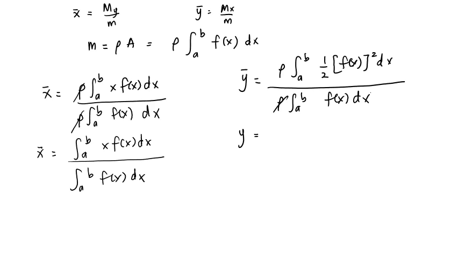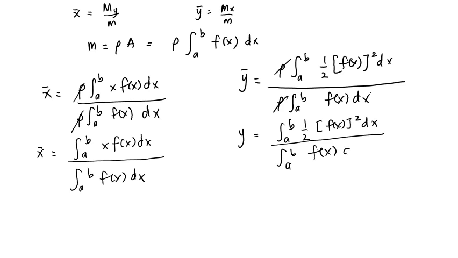So for y bar, you can eliminate the rho but not the integrals. So that will give you the y coordinate of the centroid. You can see that the density cancels in both coordinates, meaning that the location of the center of mass is independent of the density.